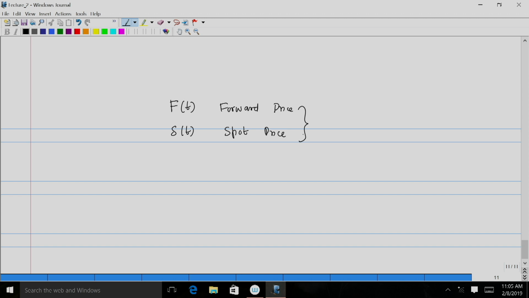S_t is the price at which you can purchase the underlying asset, say the stock, at the current time, and F_t is the price that you agree upon, but you do not make the purchase now; you make the purchase at time capital T. So these are the two prices that are determined at time small t, and S_T is the market value, which we do not know at time capital T, the maturity.